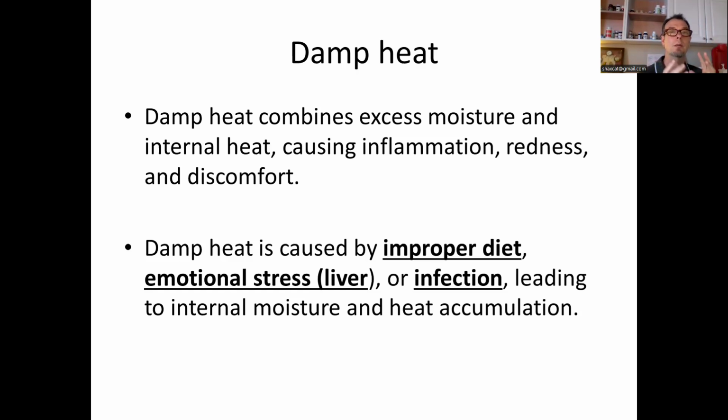That's where you're getting this damp heat. So you've got the dampness from the spleen and the heat probably from the liver. But infections can also be a form of damp heat, and that can be from an external exogenous force, right? Something coming in and causing us to experience symptoms of damp heat.